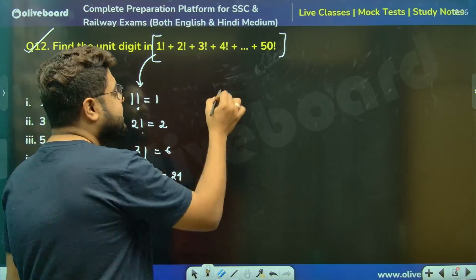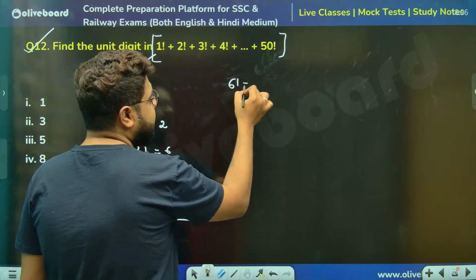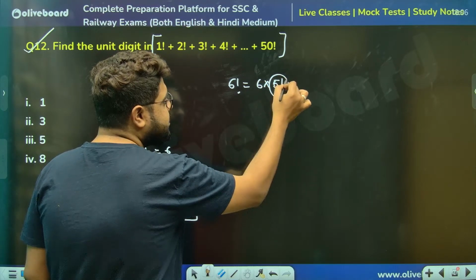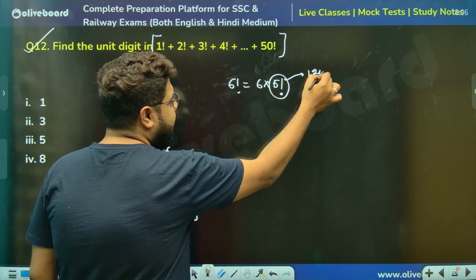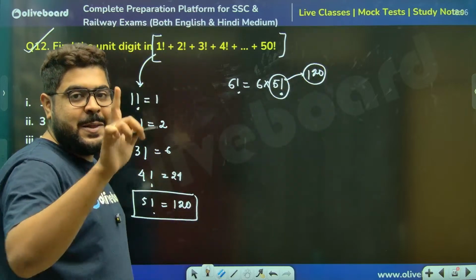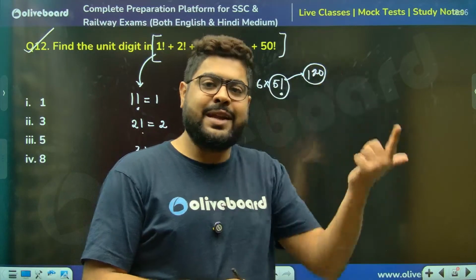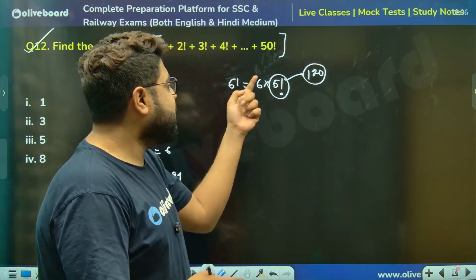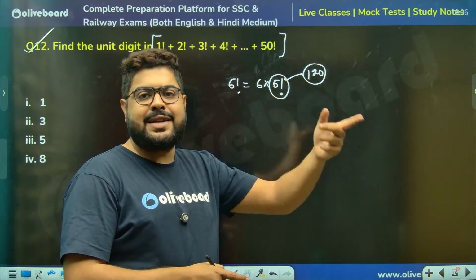And 6 factorial means 6 into 5 factorial. Now, this is 120. Why do we get 120? Because of the 5 multiple: 10, I'll get 10s because there are many 2s. So getting a 10 means I'll get a 0.